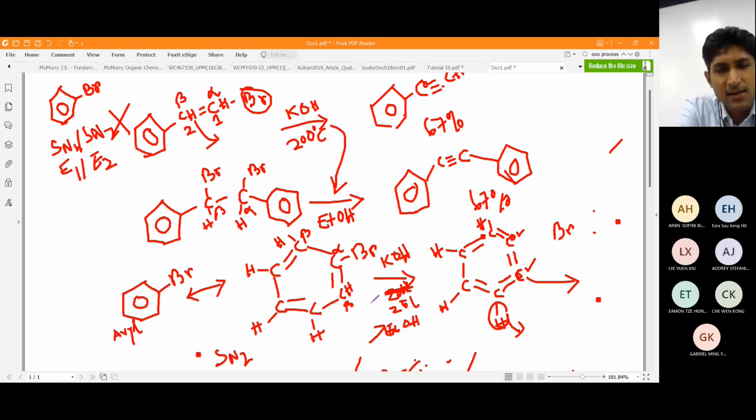Can you tell me one thing? What is the stereoisomer type of thing, the signature for the SN2 reaction? Can anybody tell me?